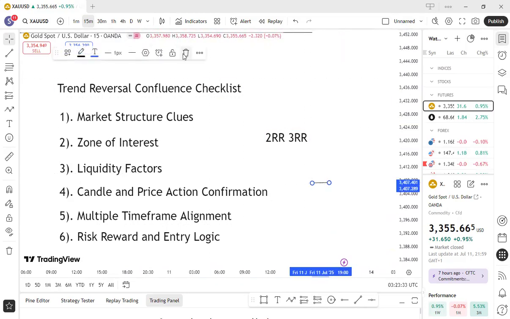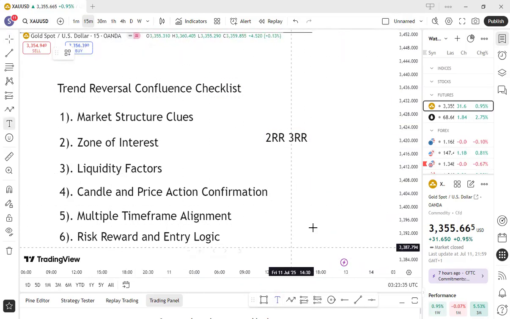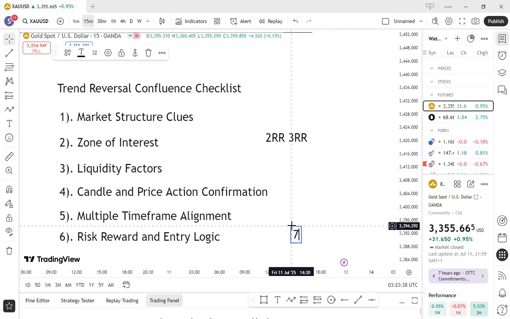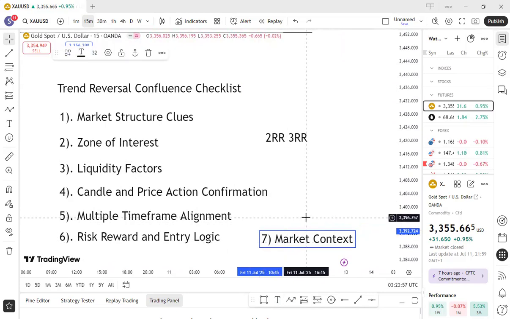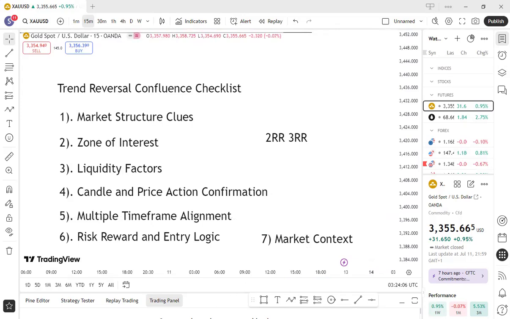You should be checking out for your news because news causes a very high spark in the market. Seven, market context, which is your news. Check if news is going to happen, because news always causes a very high spark in the market, causing rejections.